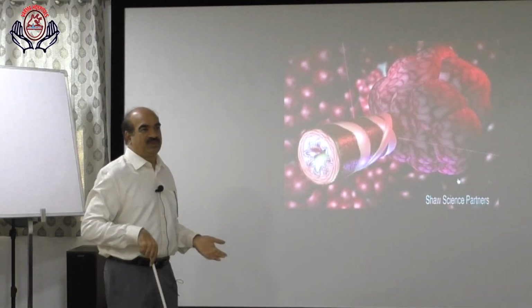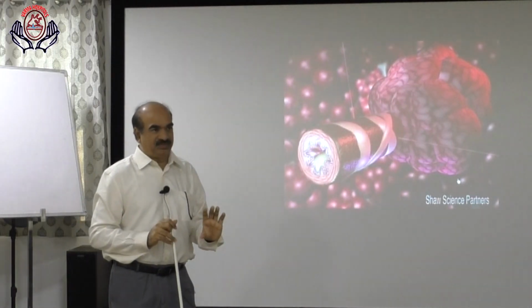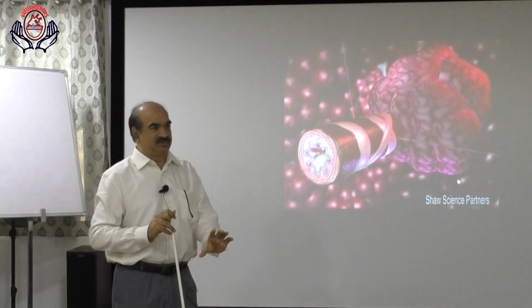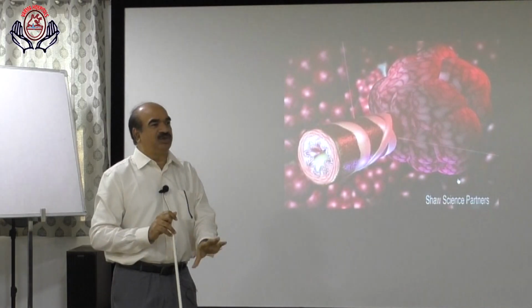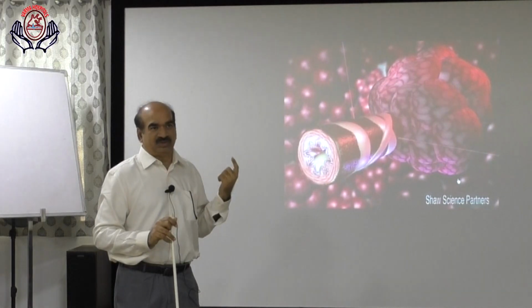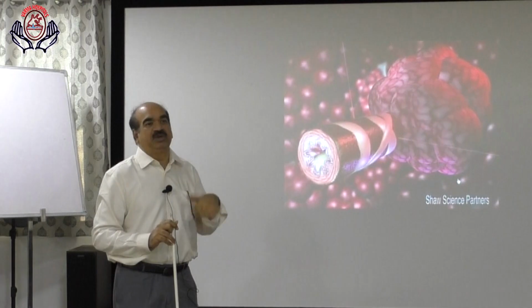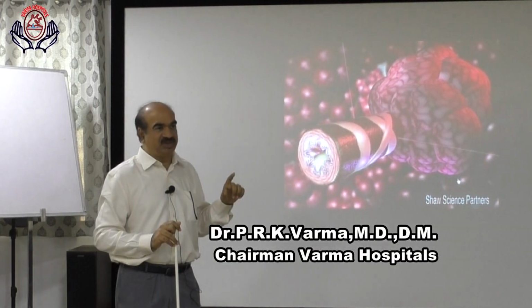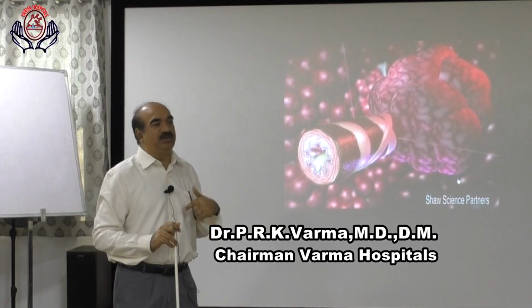What is BiPAP? In CPAP, we aim at end expiration. We maintain positive end expiratory pressure. We adjust the PEEP valve, so end expiratory pressure will be positive. In BiPAP, we adjust both inspiratory pressure and expiratory pressure, that is IPAP and EPAP. Inspiratory positive airway pressure is IPAP, and expiratory positive airway pressure is EPAP.